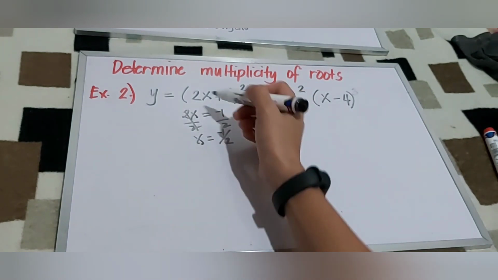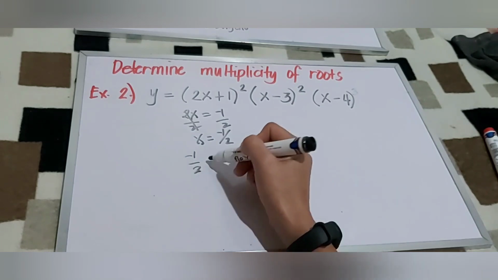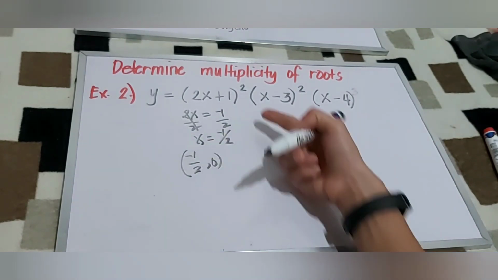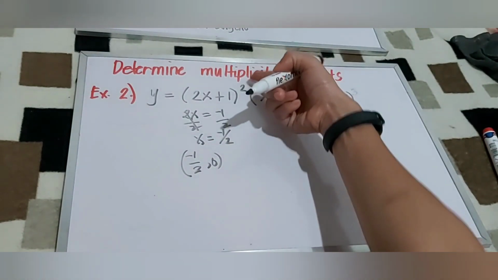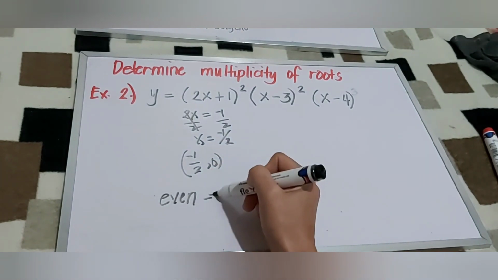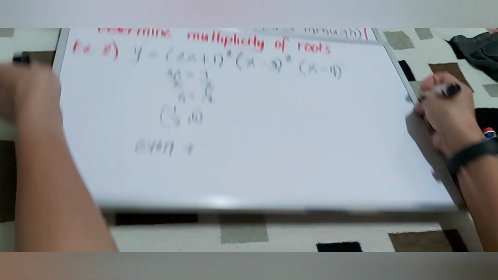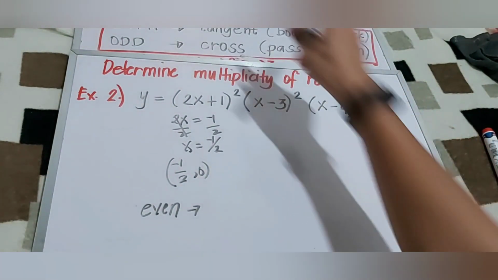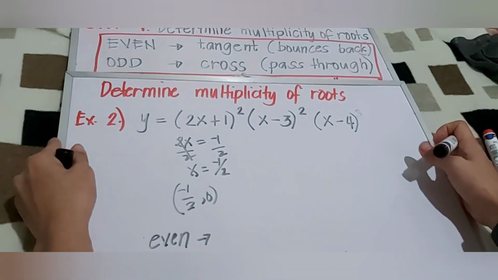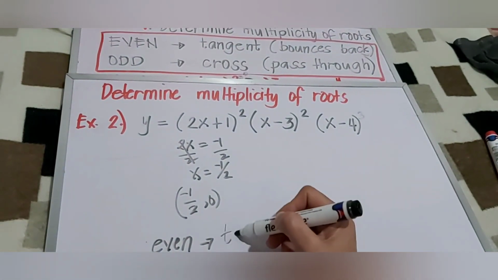So our x-intercept from this factor is negative 1/2 and 0. Since this has multiplicity 2, that is even, and when even, it will be tangent.